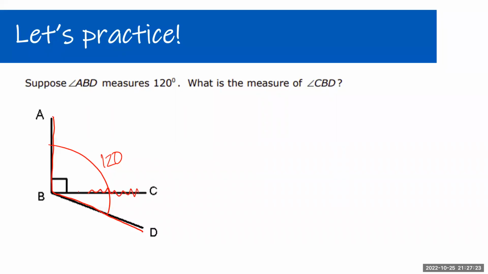So we want to know what this one is, okay? Well, how do we tell that? Well, you should see this angle right here, so that means that is 90. So if the whole thing is 120, then the only thing left can be 30 degrees, okay? 30 plus 90 is going to give us that whole of 120.